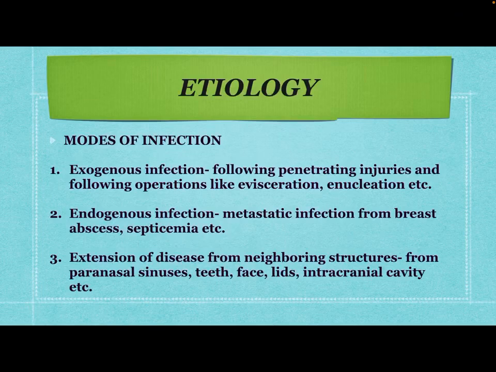Also, the disease can extend directly from neighboring structures, like the paranasal sinuses, teeth, face, lips, or the intracranial cavity. Most commonly, people acquire orbital cellulitis because of ethmoidal sinusitis. The infection from the ethmoidal sinus spreads to the orbit and causes orbital cellulitis.